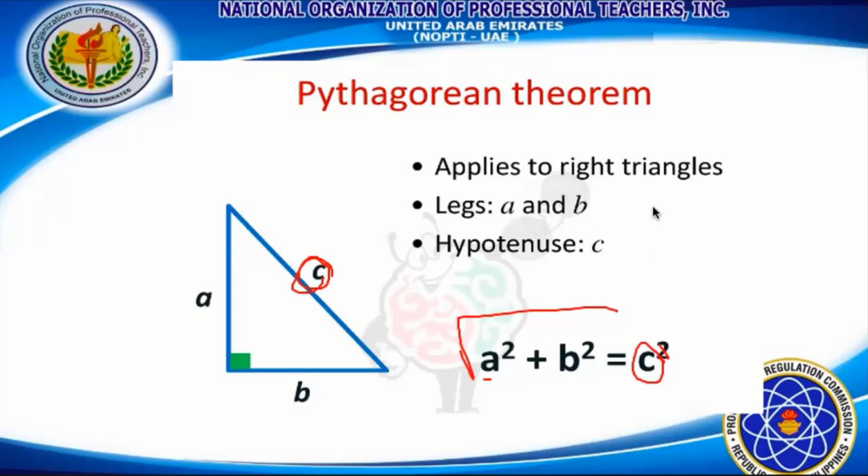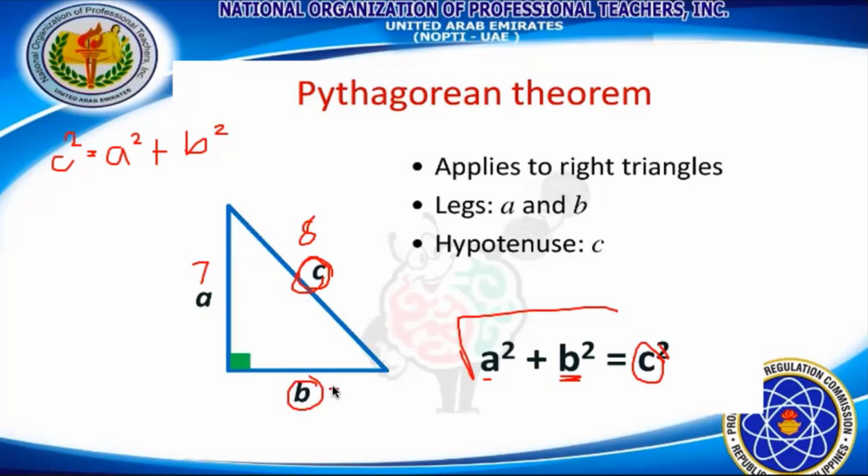For example, ang hinahanap natin ay B. So, ang general formula ay C square equals A square plus B square. Sa triangle niyan, eto given, let's say eto ay 7, eto ay 8, ano naman si B?